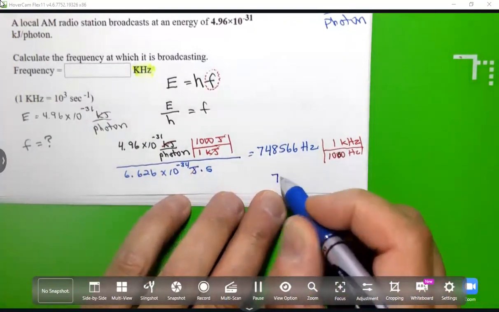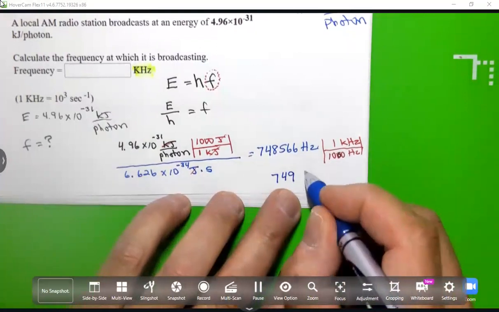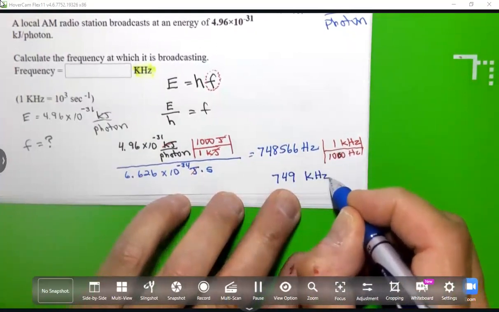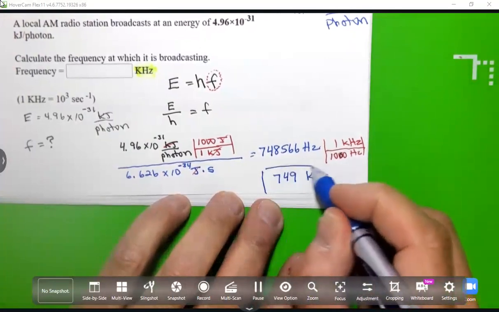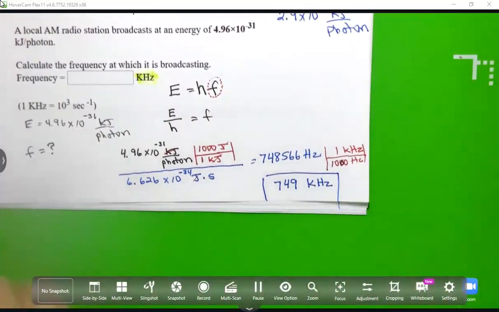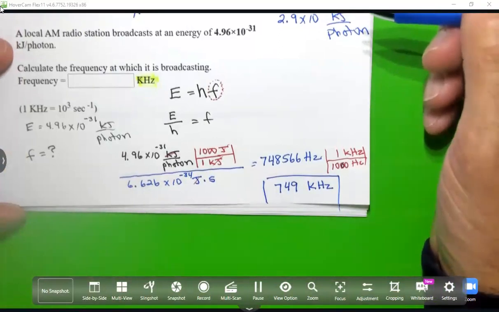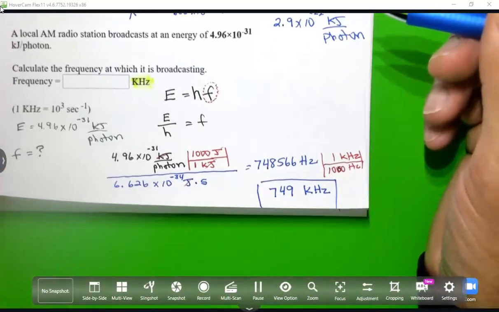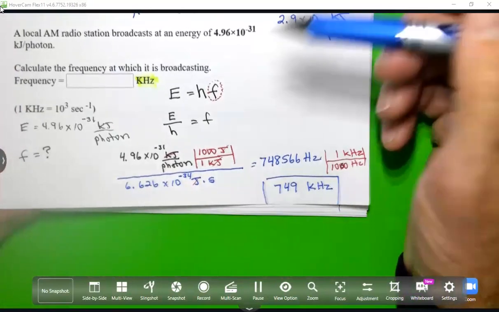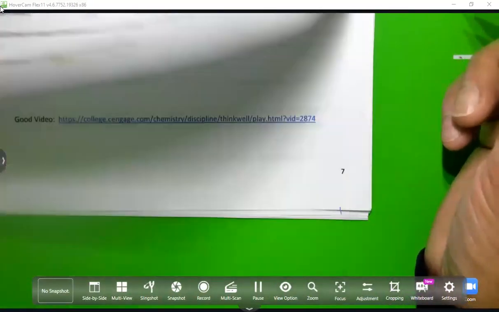So 749 kilohertz. Okay. So 749 kilohertz, that's an owl question.